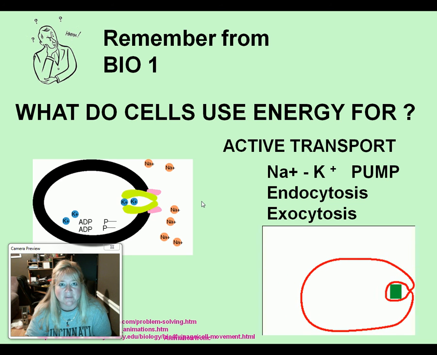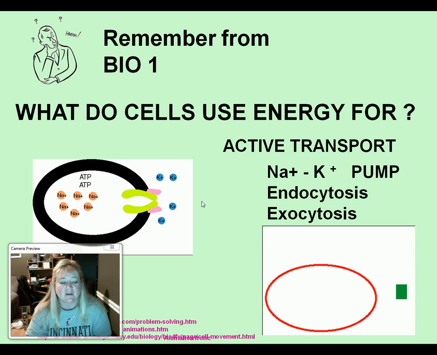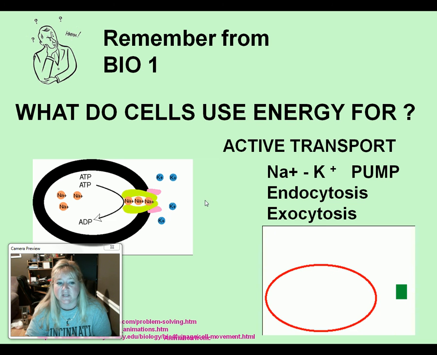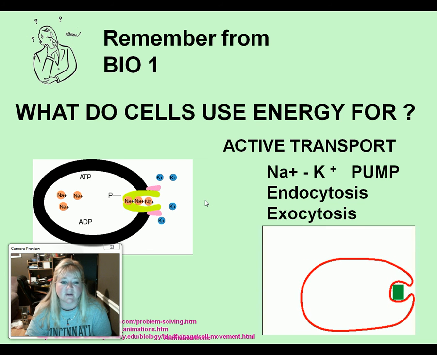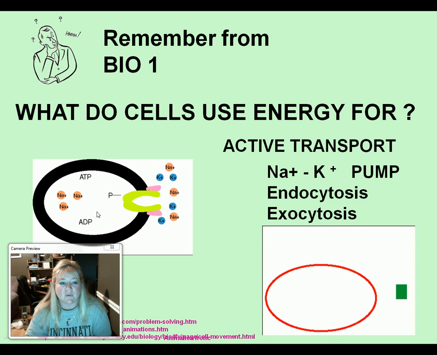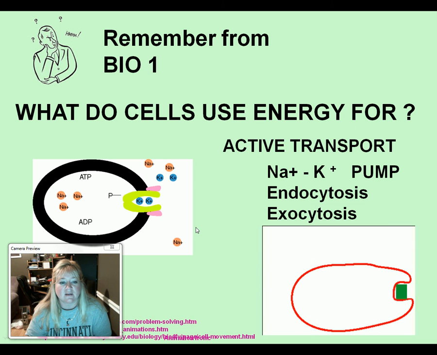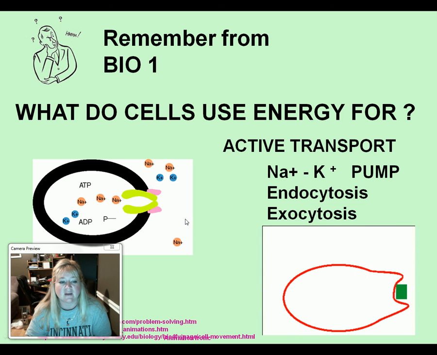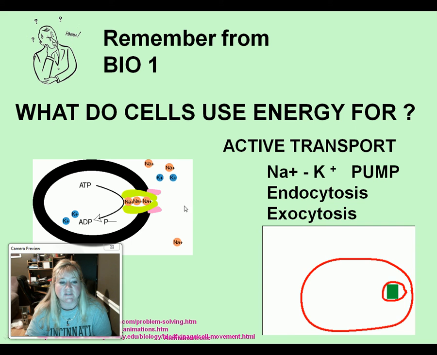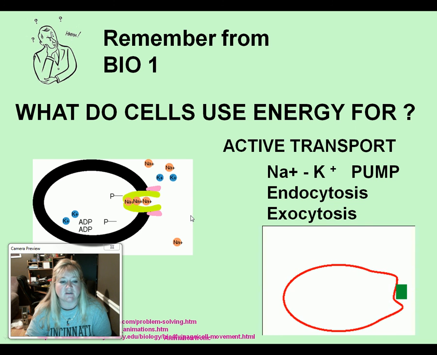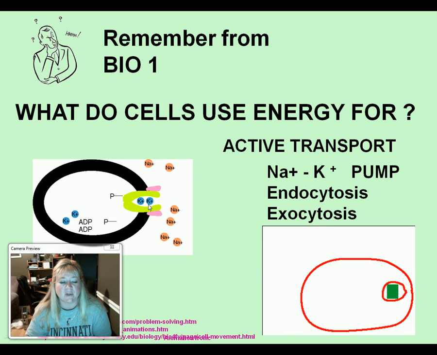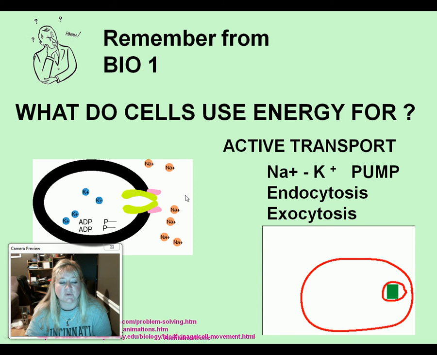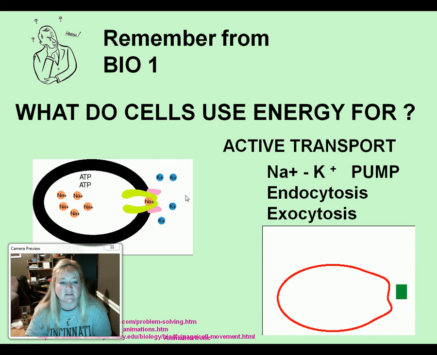If you remember, I talked about that with active transport and how nerve cells have to have sodium really, really high on one side of the membrane and potassium on the other. Now you can actually watch this happening, and you can see that this protein here is pumping sodiums to one side of the membrane and potassiums to the other side. And because it's pumping against the concentration gradient, it is requiring energy to do that.